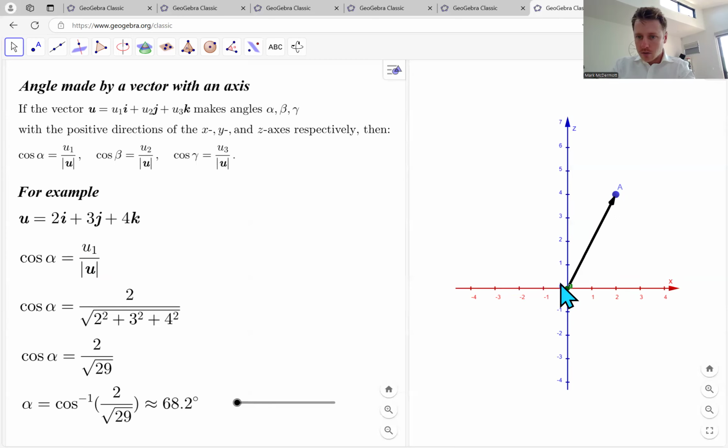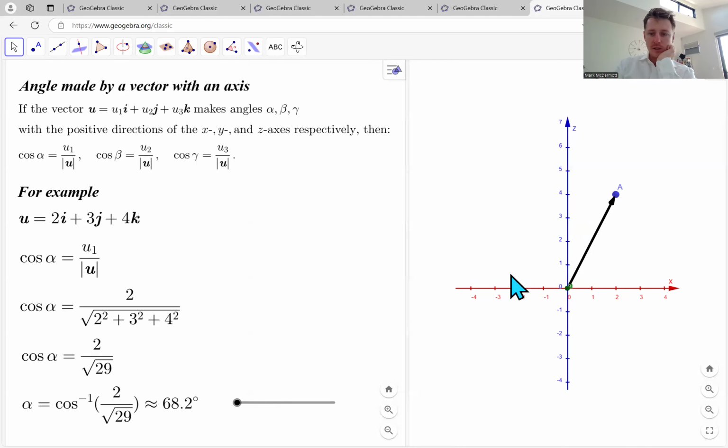And we know from SOHCAHTOA that cosine of an angle is the adjacent over the hypotenuse. Well, the adjacent side length is 2 because that's the x-coordinate. And the hypotenuse is just going to be the length of that vector. So cosine of this angle is 2 over the magnitude of u. Okay?